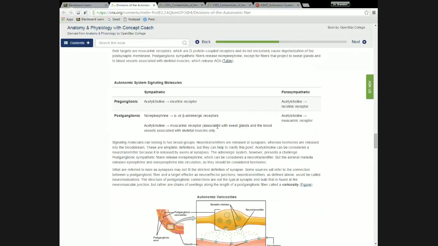Who's familiar with that idea? Sorry. Acetylcholine receptors come in different types. Remember that from A&P1? Okay. Other people remember that? Other people learn that from their A&P1 professors? Maybe not. Sometimes in A&P1 they don't talk about it.